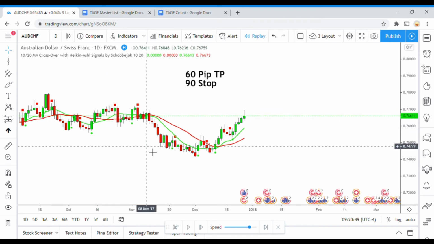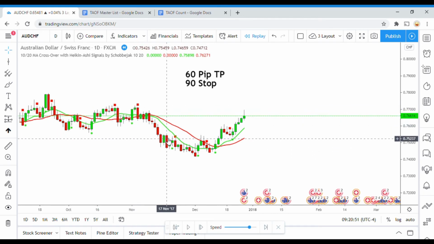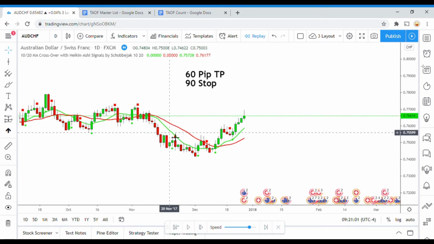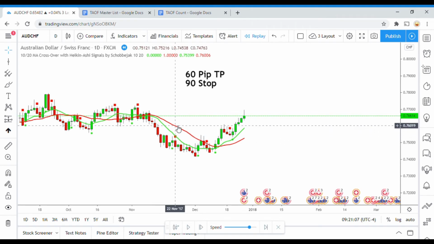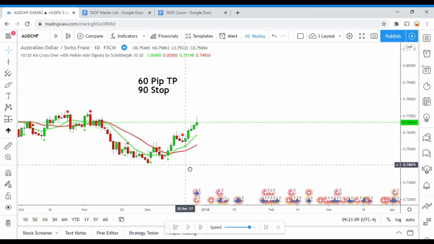And then on the reverse side, when a red square appears, that is a signal to go short, but only if the red line is above the green line. And so, for example, right here. Got it?